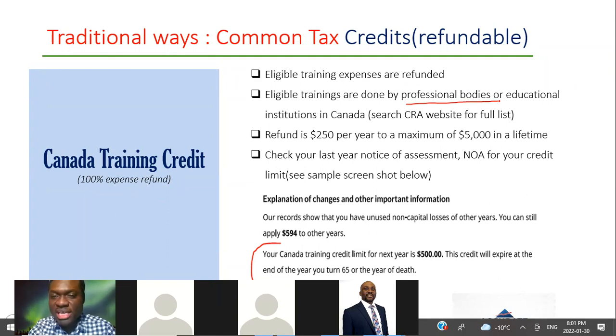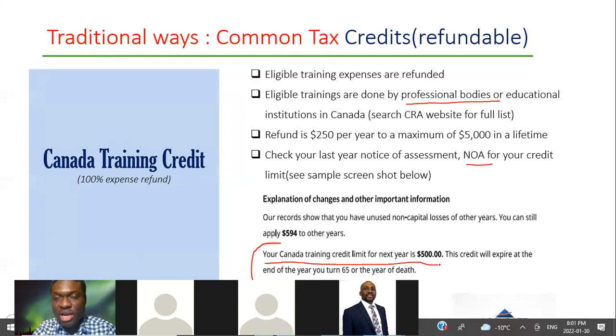But for you to see what is available, like institutions that are accredited by CRA, you can go to the CRA website to see the details. This is a snapshot of a notice of assessment where you can see your training credit. Like this is saying your Canada training credit limit for next year is $500.